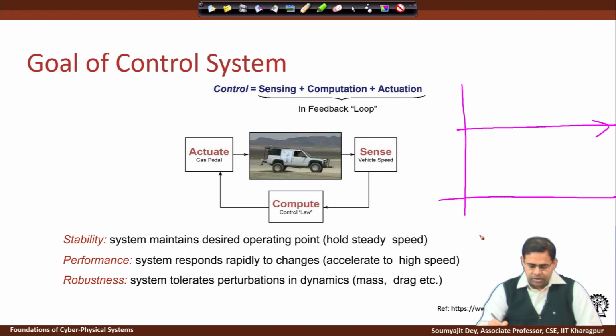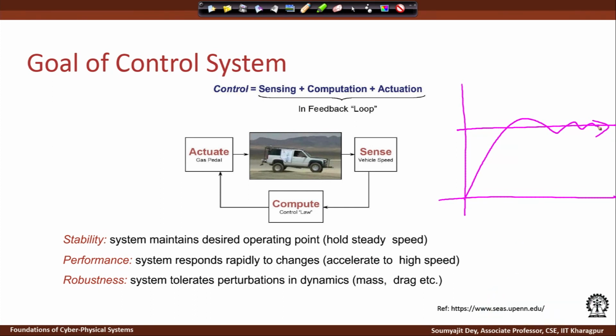That means, am I able to maintain this desired speed or not? If I am able to achieve this, I am a stable system. Now, the question is, I can achieve this in various possible ways.